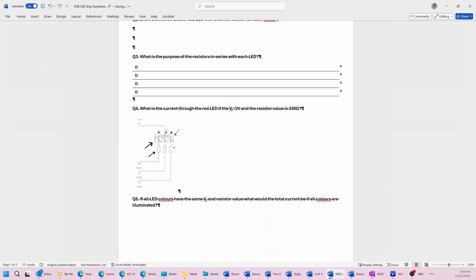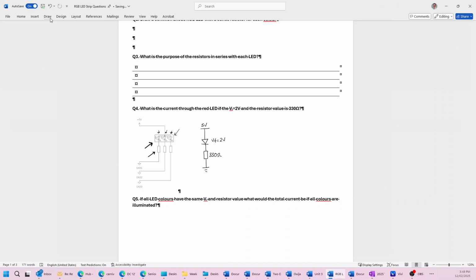So many arrows. All right, so let me just draw a 5-volt supply going into a single LED, and then a series resistor, and then going to ground. So you've been told the series resistor is 330 ohms, and you've also been told that the forward voltage of the LED is 2 volts.